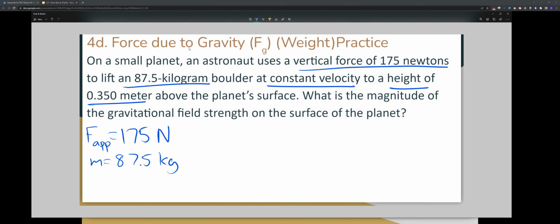The height doesn't matter now. We'll talk about height later in unit 2. So I'm not even going to underline the height. But traveling at constant velocity, that is important.